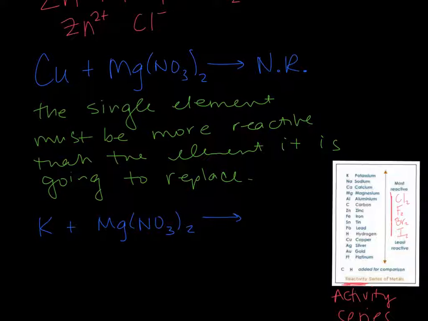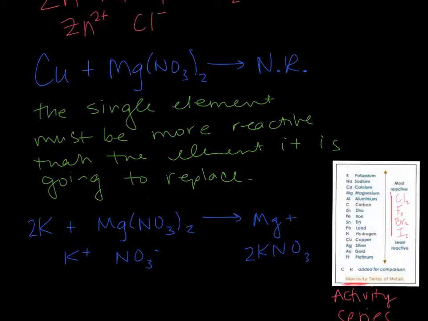Potassium's all the way up here, magnesium is down here, so potassium can replace it. So that means magnesium gets kicked out, and potassium is +1, nitrate's -1, so you're going to end up with KNO3. So then we have to balance it. We have a 2 there and a 2 here.